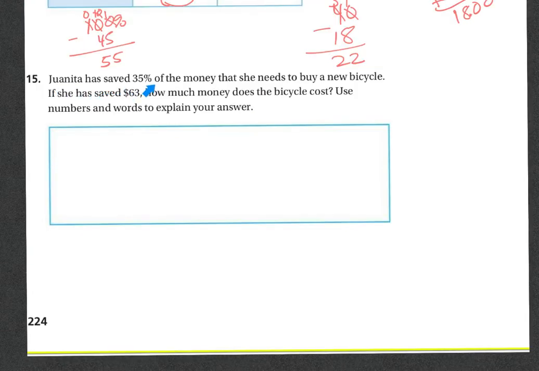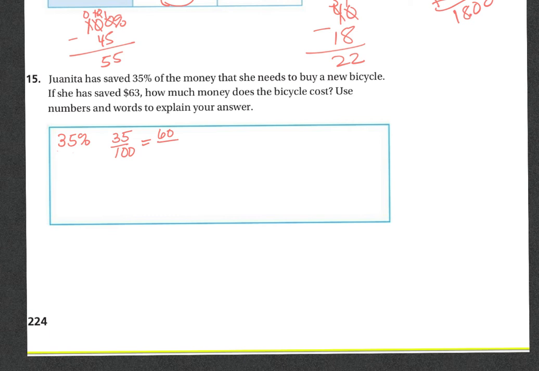Juanita has saved 35% of the money that she needs to buy a new bicycle. If she saves $63, how much money does a bicycle cost? Use the numbers and words below to explain your answer. So let's rewrite the 35% as 35 over 100. And we know that that's going to equal her 63, right?